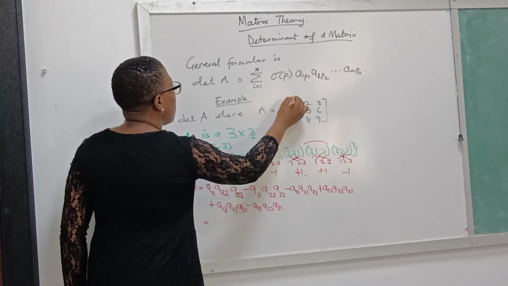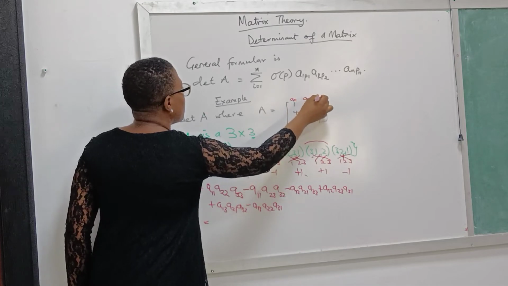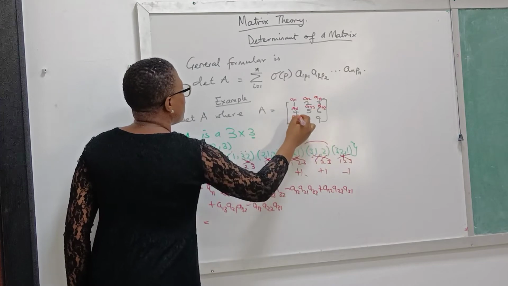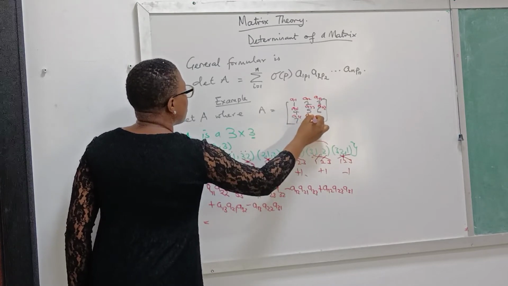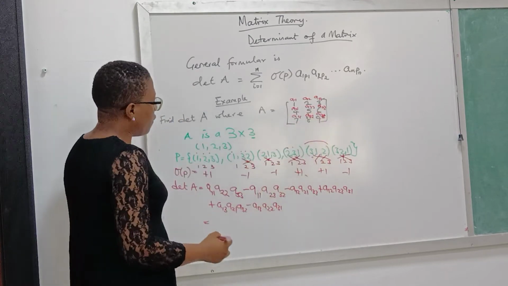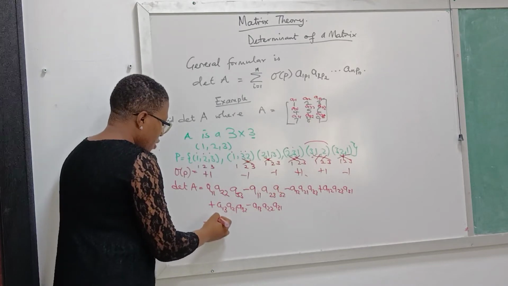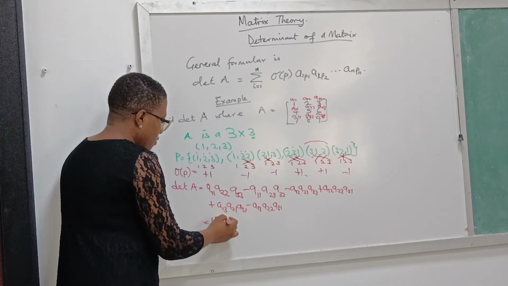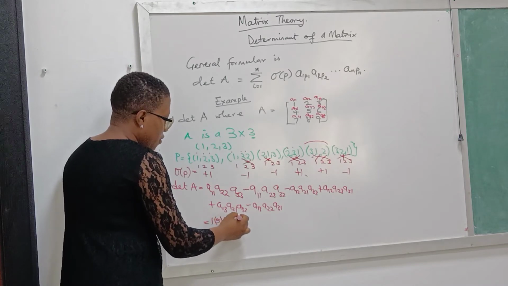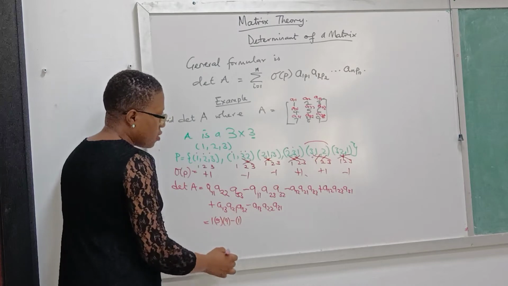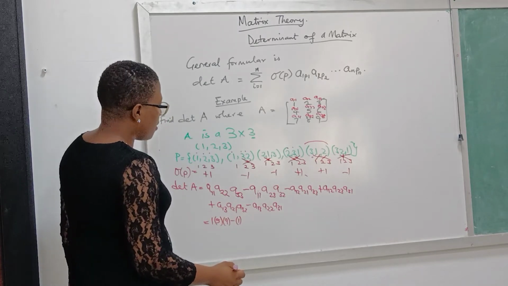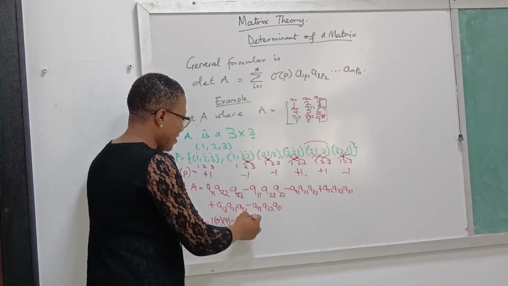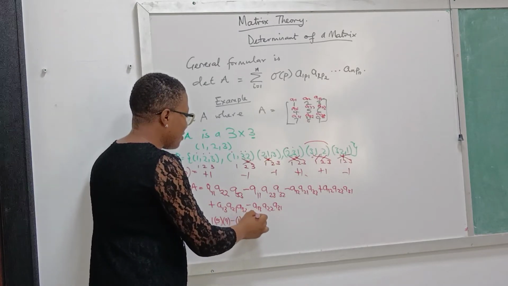So now, what is A11? According to this, we have A11, A12, A13, A21, A22, A23, A31, A32, A33. A11 is 1, A22 is 5, A33 is 9. Minus A11, A23 is 6, A32 is 8.